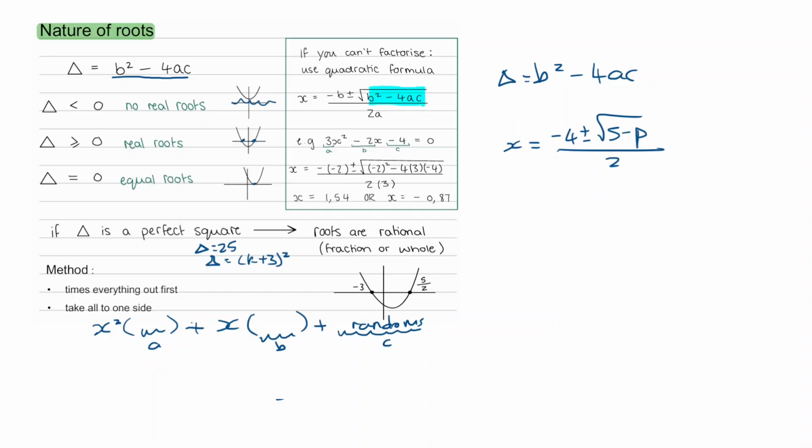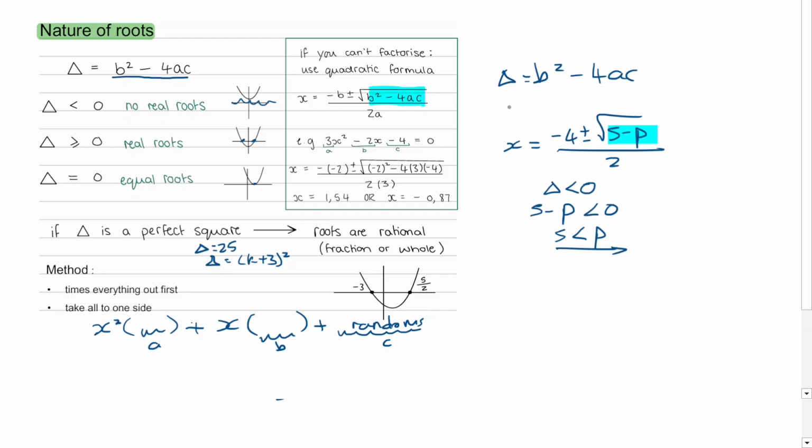Which values of p will the roots be non-real? Then if they've given us the whole quadratic equation, then we know that the nature of roots is just what's inside the square root, like I've highlighted here. And so if they want the roots to be non-real, I'll show that I know what that means. And then the discriminant is just what's inside the square root. And so these questions actually become the easier options of what we work out.